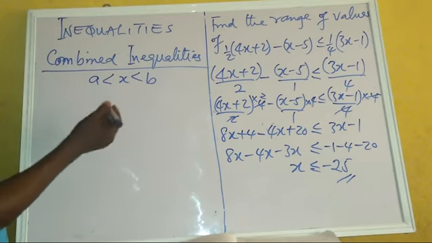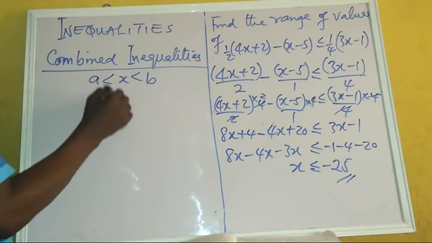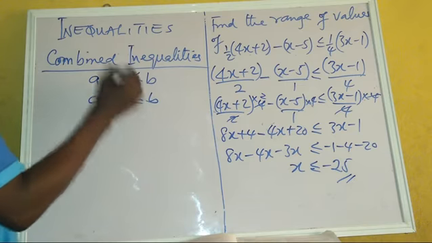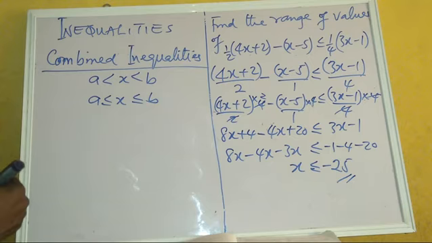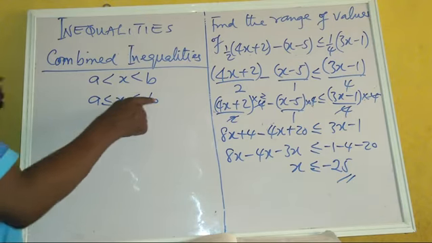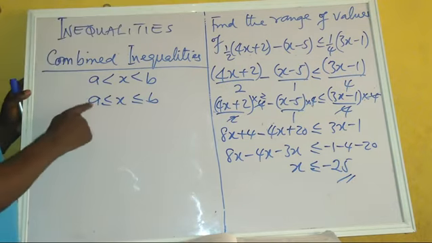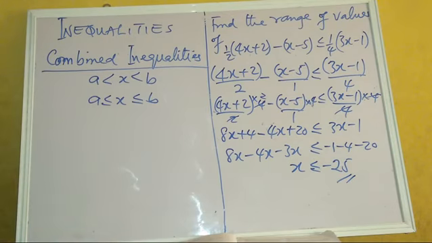But don't forget, we can equally have it as a ≤ x ≤ b, meaning that both a and b are included. But in this case, b is the upper value while a is the lower value. We should bear that in mind.